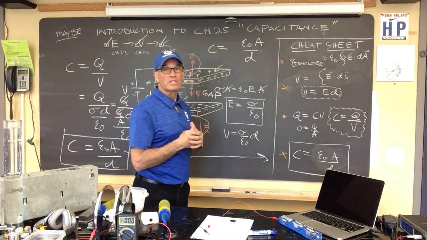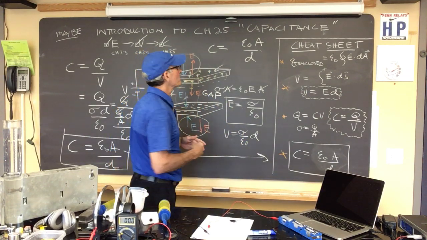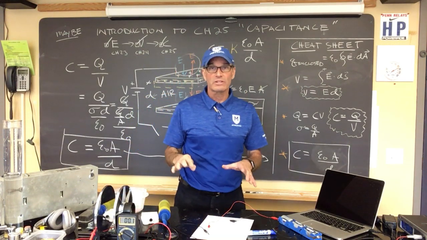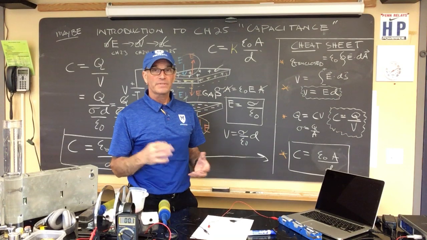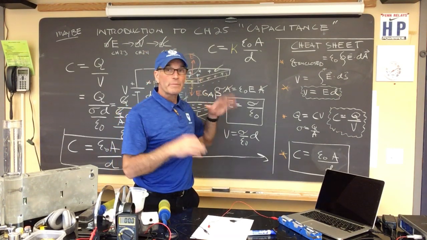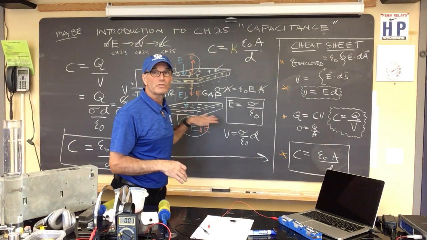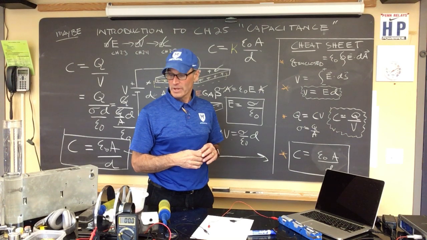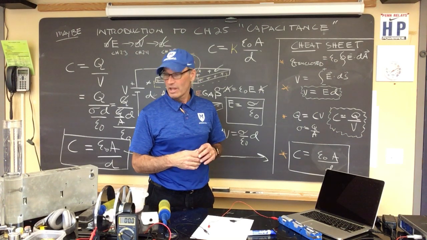So there's this thing called a dielectric constant. I think it's called kappa. If something had a dielectric constant of 2, then the material inserted between those two plates has double the capacitance. I believe that's all I have for you today.